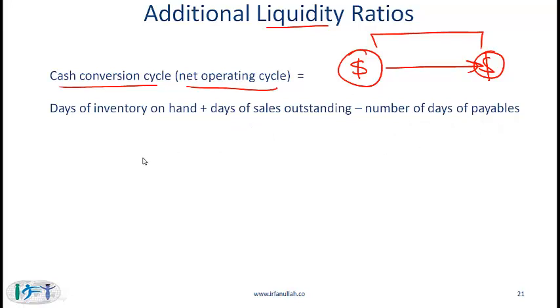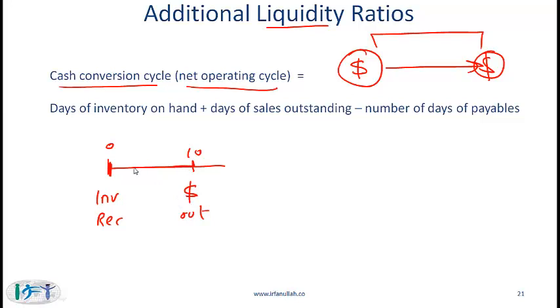To understand this formula, let's look at a simple example. Let's say that a company orders inventory over here. So this is where the inventory is received. Then the payment for that inventory happens 10 days later. So on day 10 is when we make the payment. So this is where money goes out.